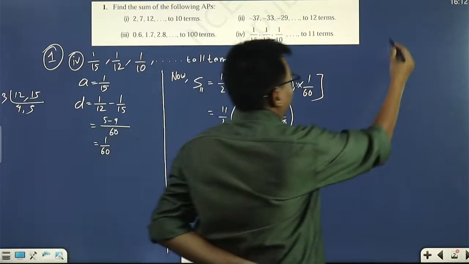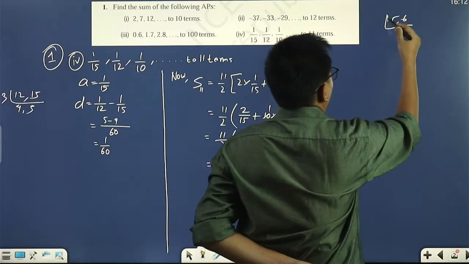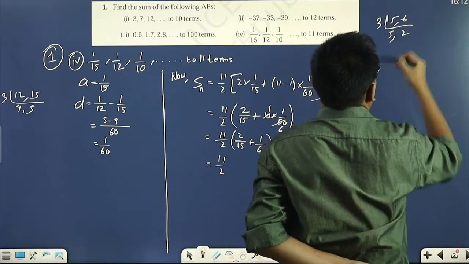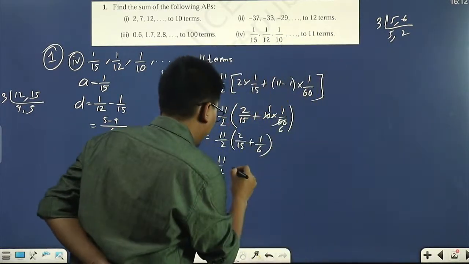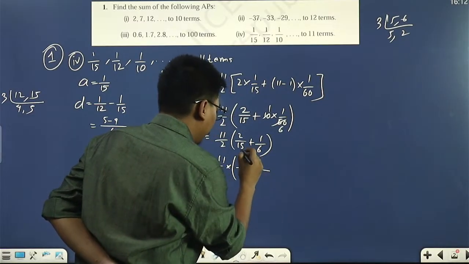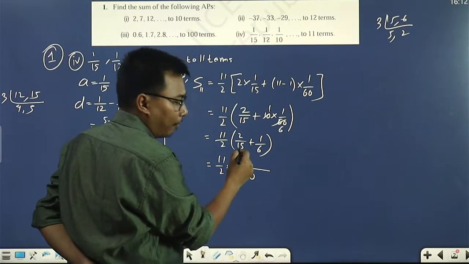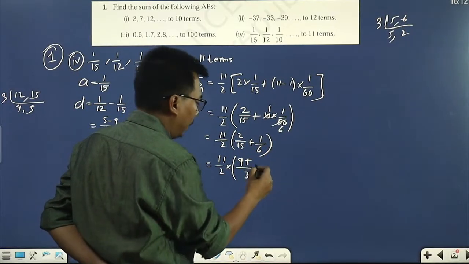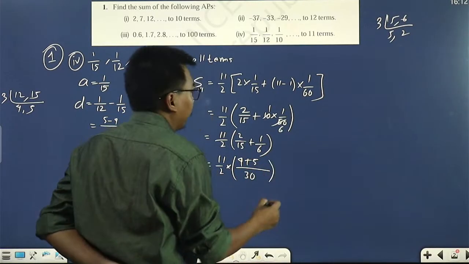Let's take LCM of 15 and 6. How much will we get? 3, 5, 2. So 30. 30 divided by 15 is 2, 2 into 2 is 4. 30 divided by 6 is 5, so 5 ones are 5.